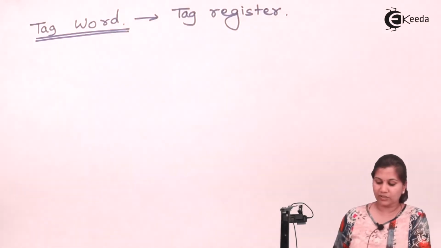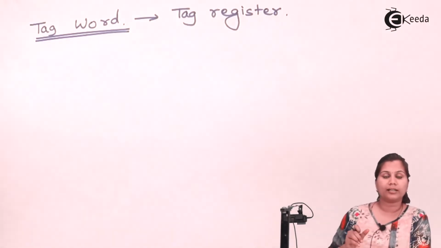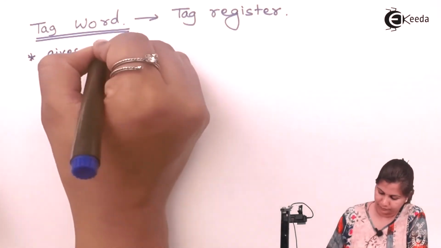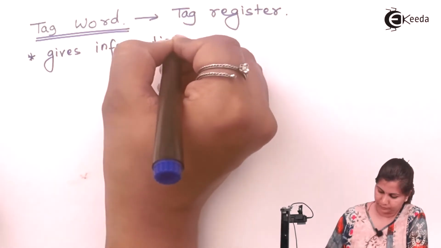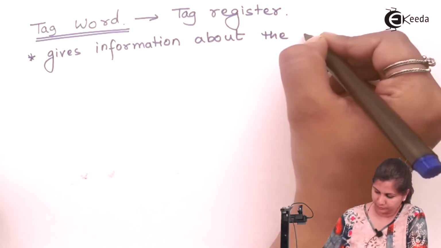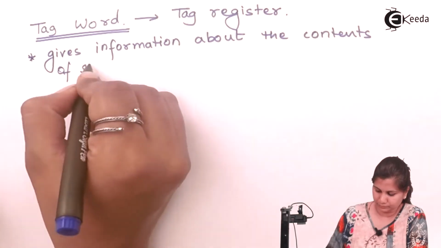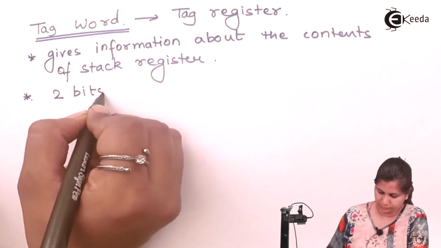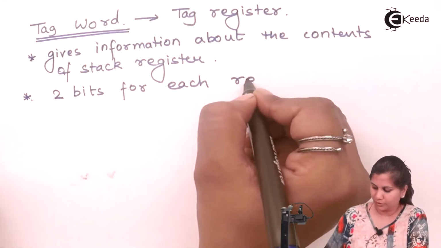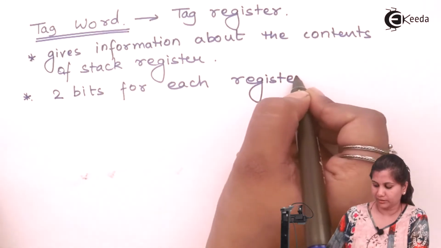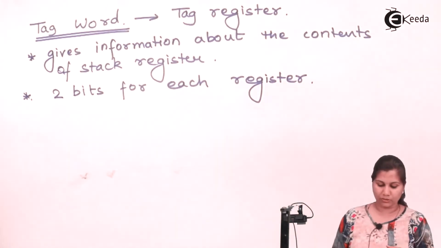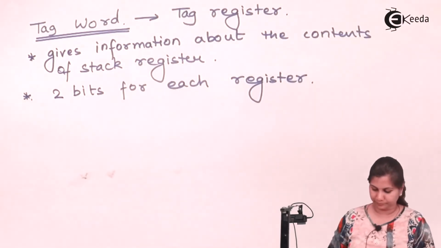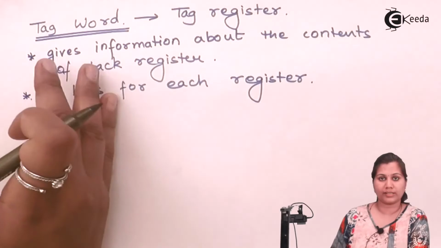And this register gives us the information about the contents of the stack register. There are 2 bits for each register in it. Okay, so there are 16 tag bits. This is also a 16-bit register.